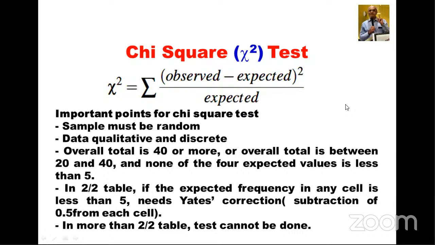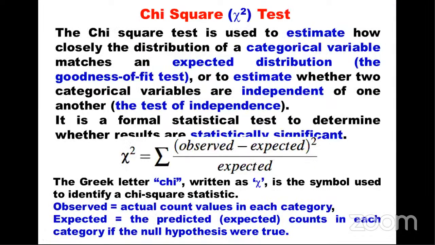Method of selecting sample must be random. Data may be qualitative data and discrete, not continuous. Overall total is 640 or more, or it depends. So in the example, we are taking some parts only. So these are the things, and how to do that, let's see.